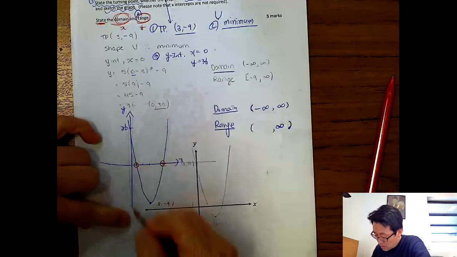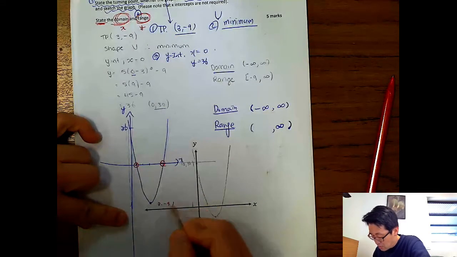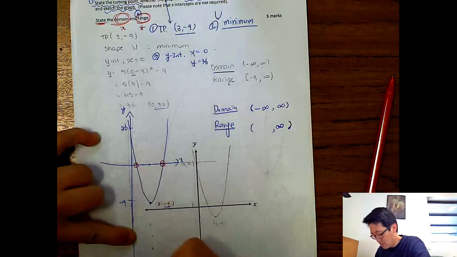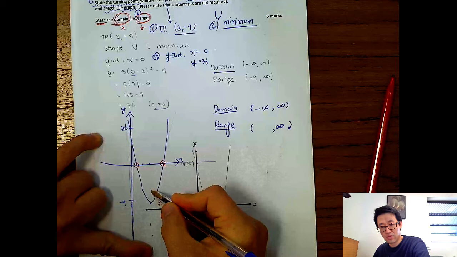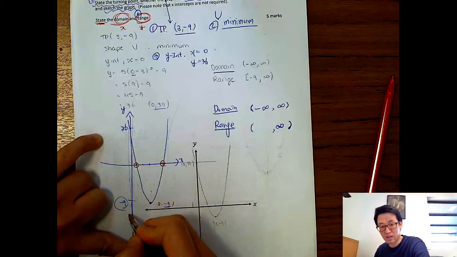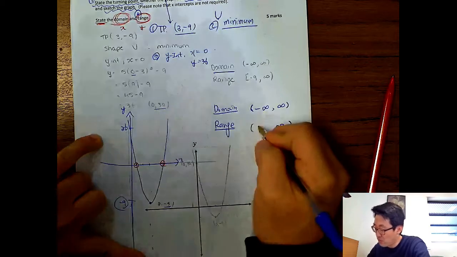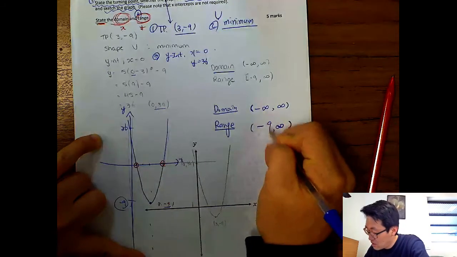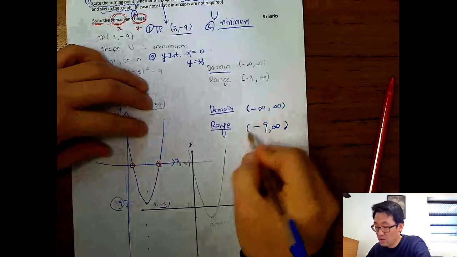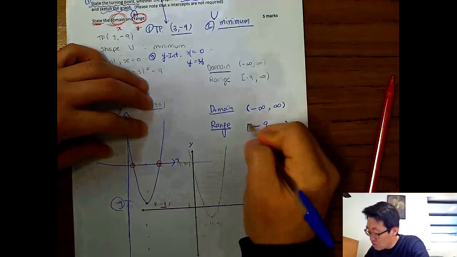And then, can we have a value smaller than minus 9 in that graph? No. The smallest number you can get for the y value is negative 9. Therefore, this is minus 9. You have to draw and compare, and it should include it.